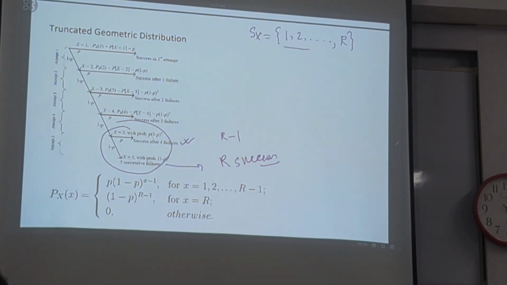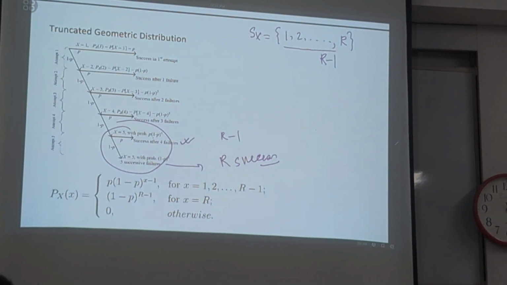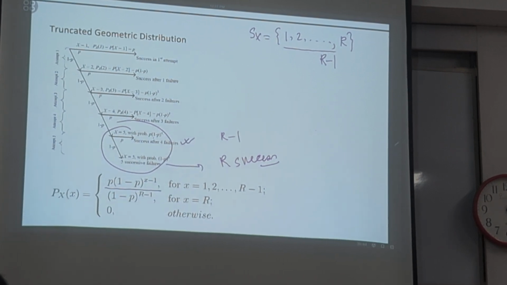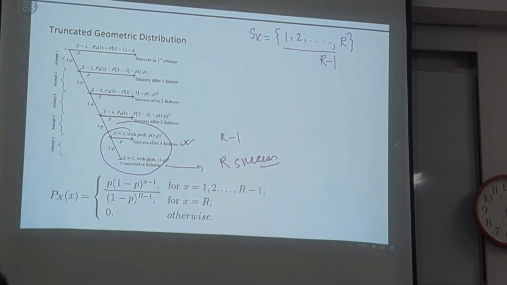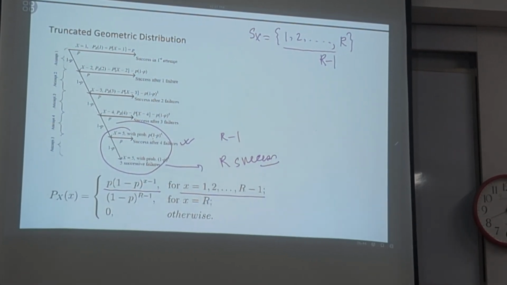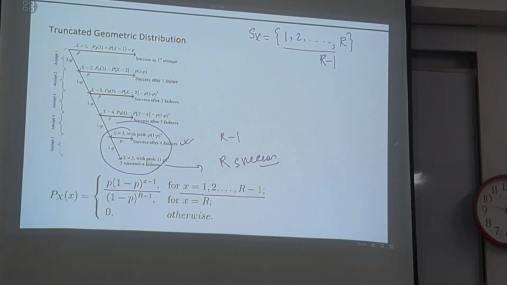For all values up to R minus 1, it behaves like a geometric entity. That's why we have the first condition. P times (1 minus P) to the power x minus 1 for all values of x up to R minus 1. Is this clear? When x is equal to R, then actually the probability is (1 minus P) to the power R minus 1. Question is solved.